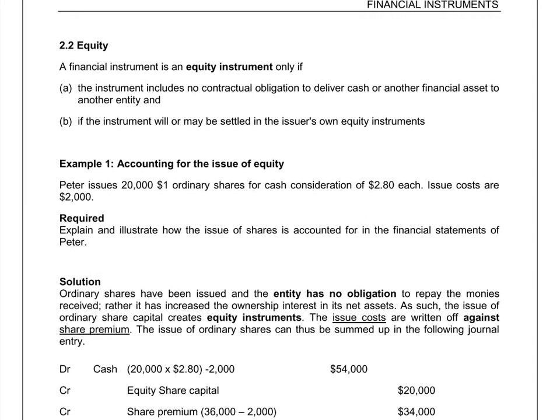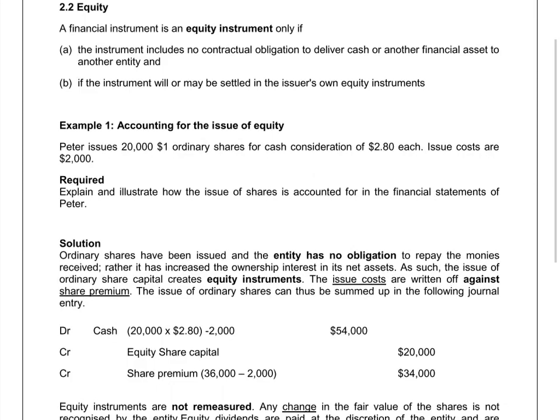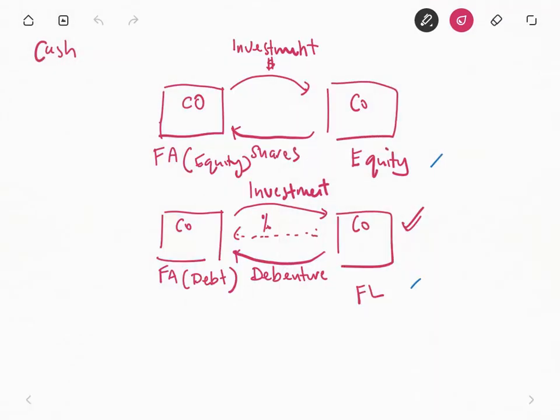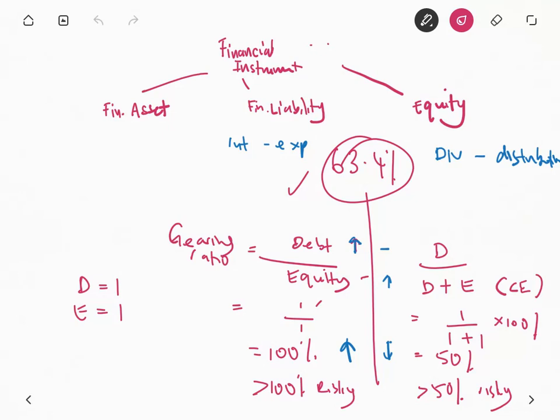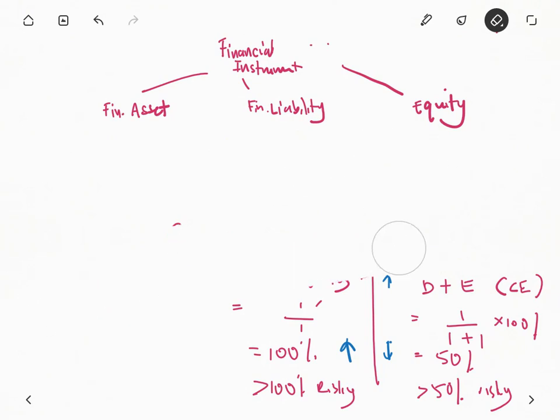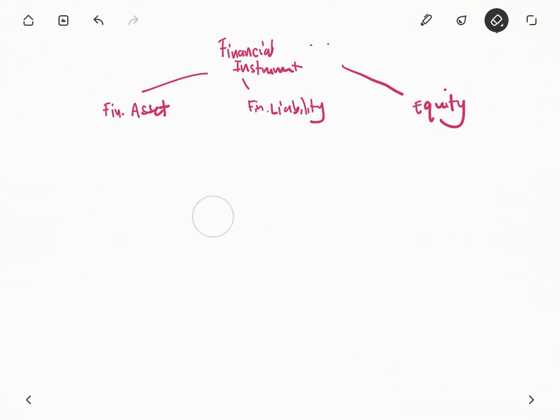Yeah. Next page, 2.2. So when you look at this diagram here, financial asset is not an issue.